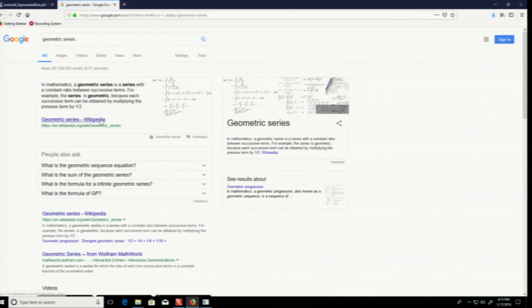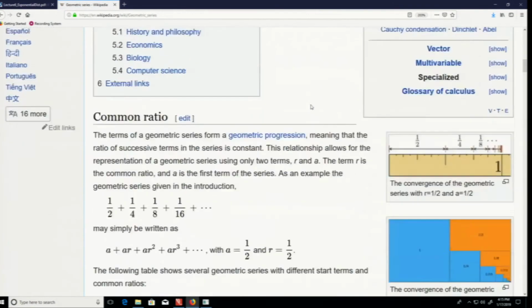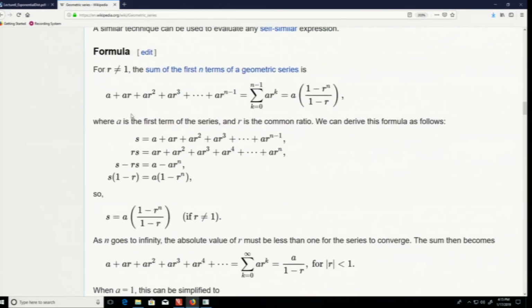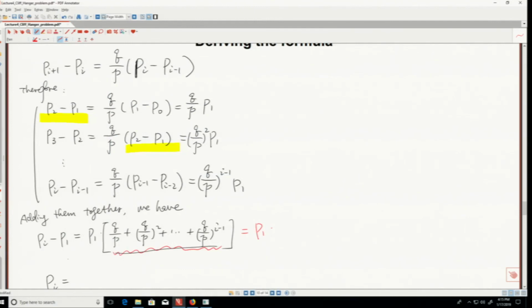This is a geometric series, right? If you have A, AR, AR squared, if you put A equals 1, you will have R, R squared, R cubed, then you add n minus 1 terms together. But we don't have A here, we don't have 1 here. We only add from this term, right?